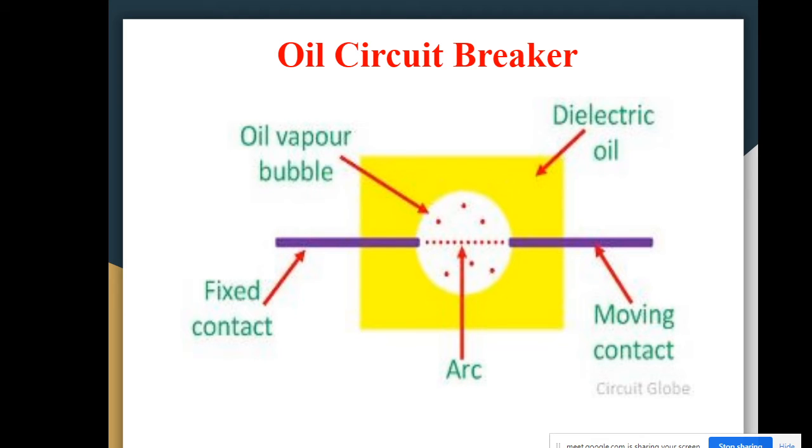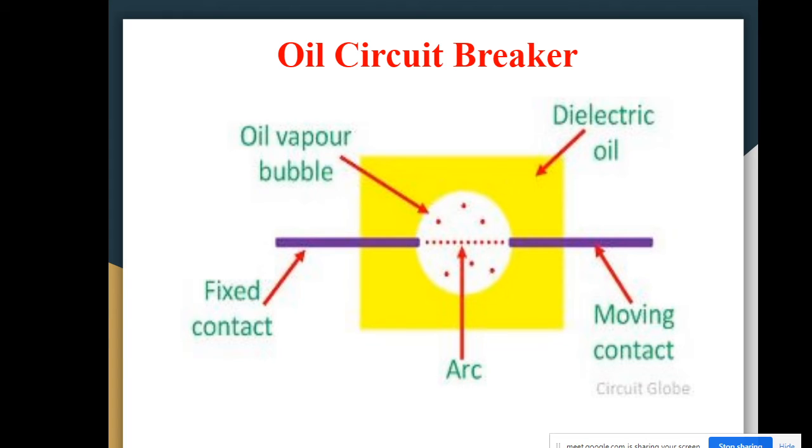The moment it cools the arc, the dielectric strength of the medium will be increased. That is one way. Another way, when this hydrogen bubble expands between or adjacent to the contacts of the circuit breaker, it carries away any arcing products from the contacts.